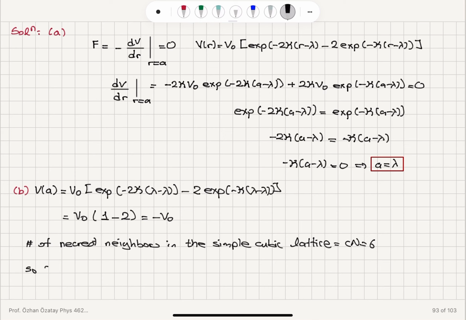So for one atom, we have a binding energy of minus 6V0.